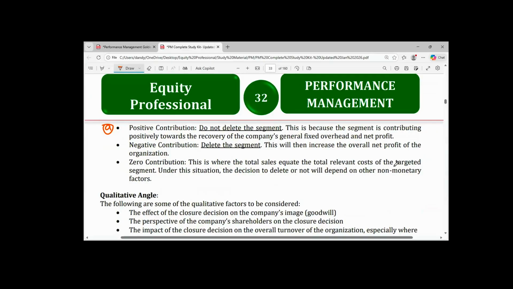You know, the general fixed overhead has already been incurred. So all products or all the segments are supposed to contribute towards the recovery of the company's general fixed overhead. They are the ones that will bear the general fixed overhead.